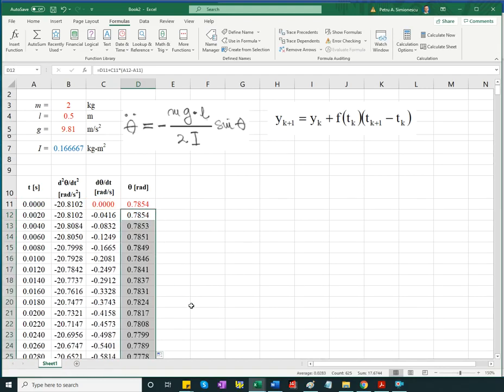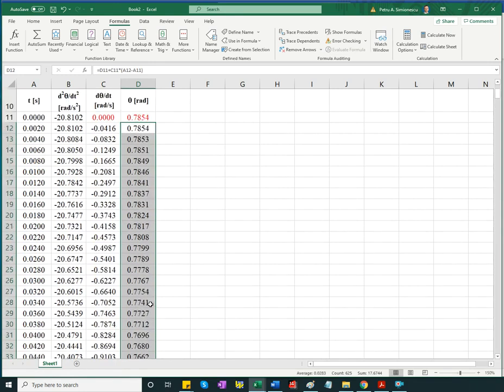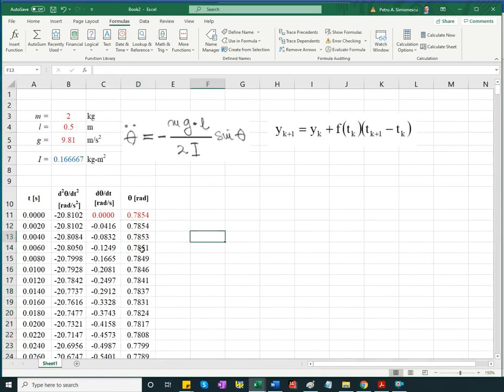Okay, so yeah, this is it. I have the time variable, and I have theta. So I can plot theta as a function of time. That's called the time response.